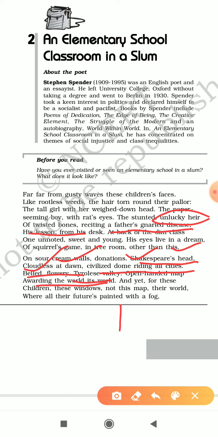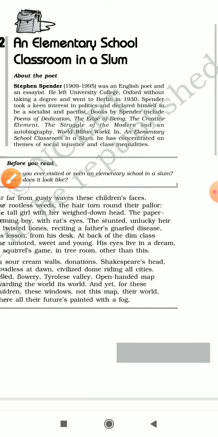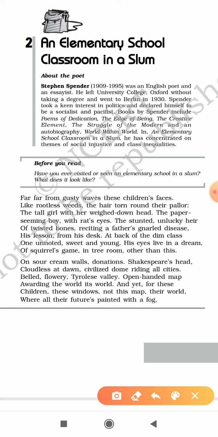Sometimes a question also comes: what do you mean by open-handed map and what do you mean by awarding the world its wealth? These two. So the open-handed map is the map that has been made by the authorities, rich and powerful persons, and they had awarded the world according to their wish, because they had mentioned only the beautiful things they know.